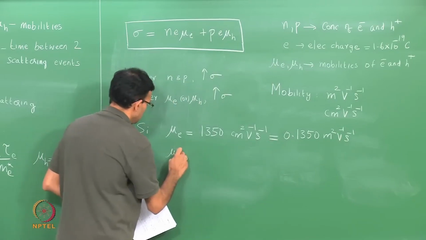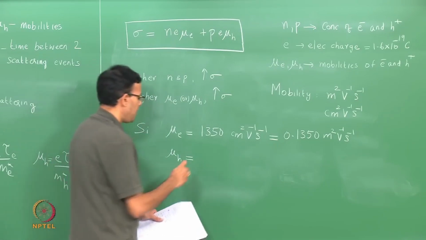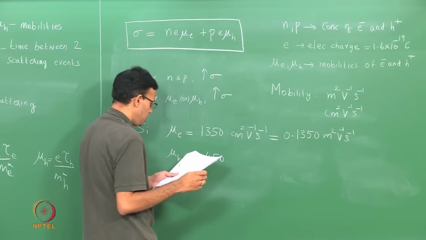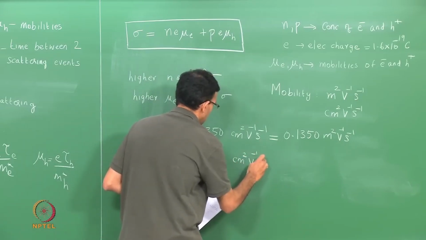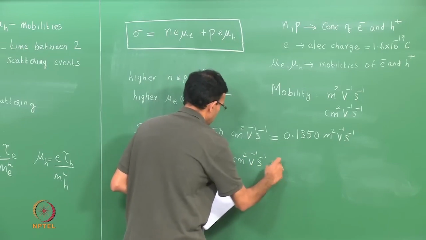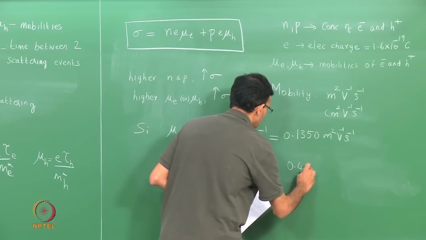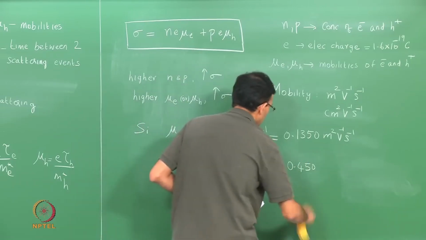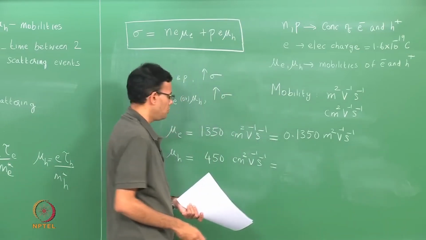Mu h, which refers to the mobility of the holes in the valence band, is slightly smaller, around 450 centimeter square per volt per second, or you can divide this by 10 to the 4.